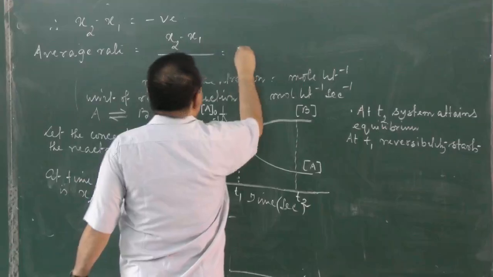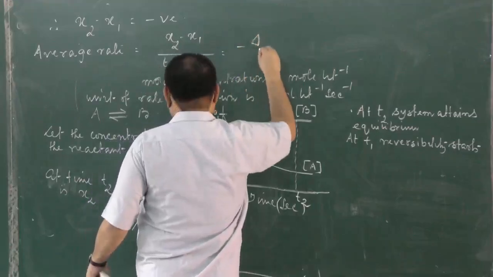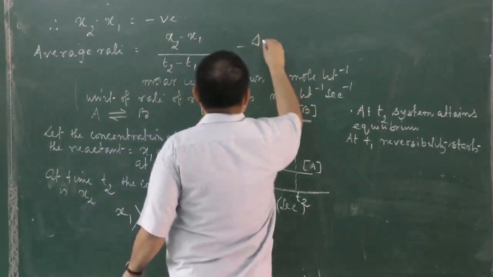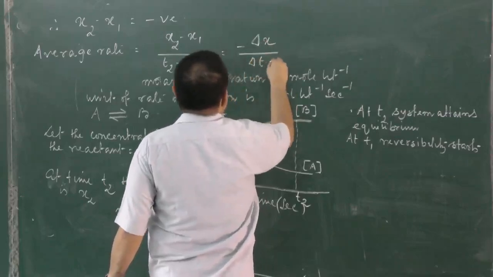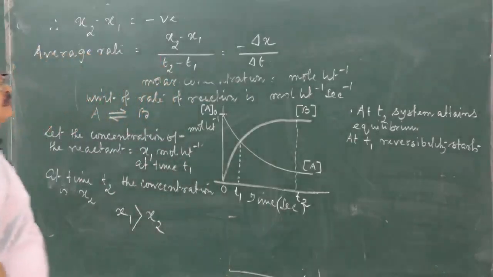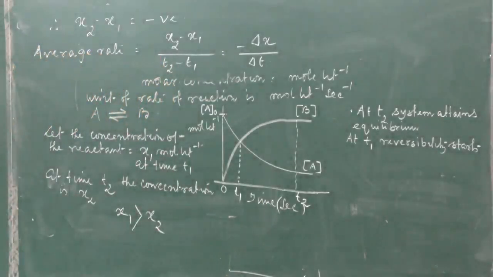So what will that be? Negative delta x by delta t.